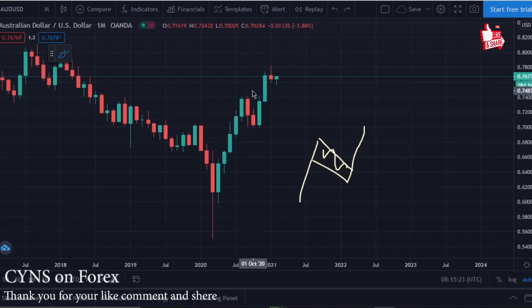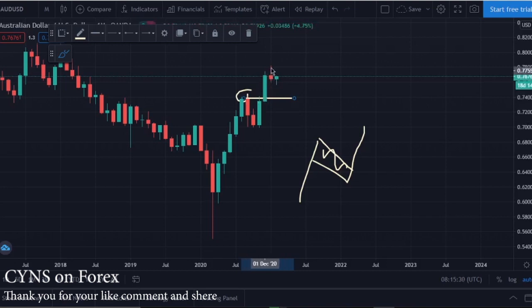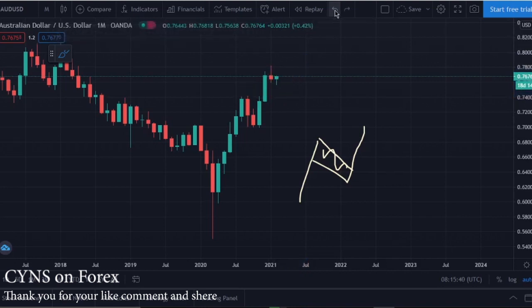Important rule: if a higher high is created and the resistance area was broken to the upside, that previous resistance turns into support. So now we can expect the market to retest the new support area and continue to the upside.